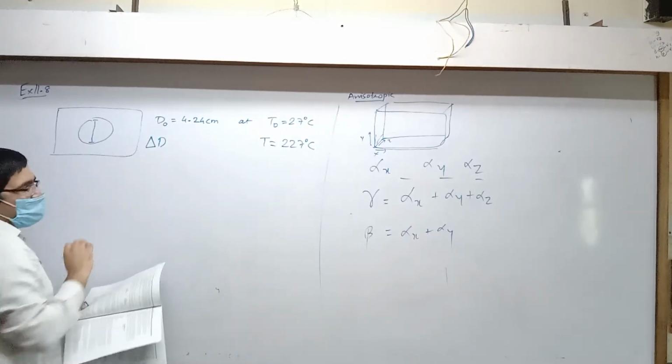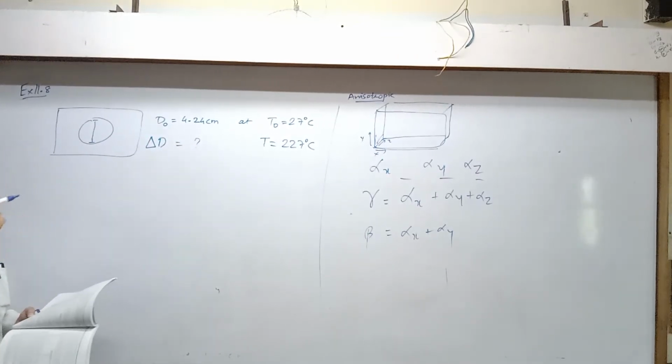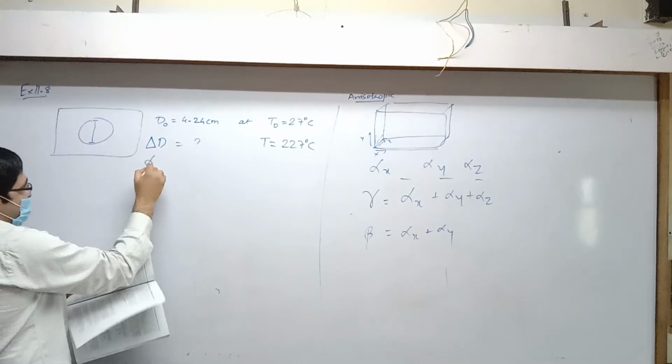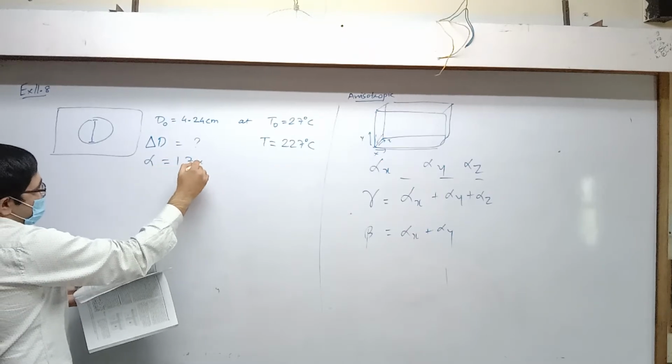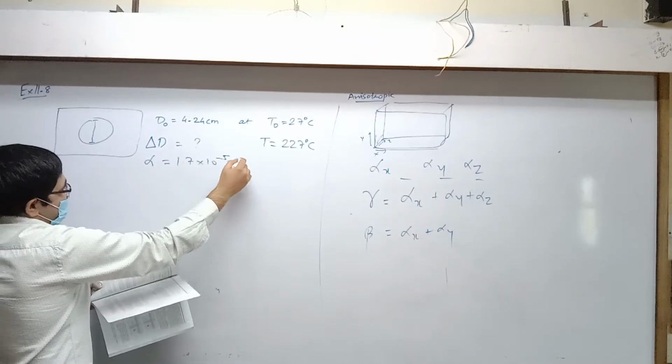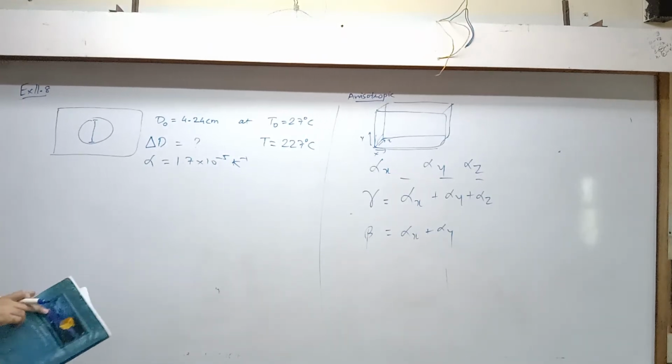So we have to find delta T. And the coefficient of linear expansion of copper is given as 1.7 into 10 raised to -5 per Kelvin. Direct use of formula. Let's do it.